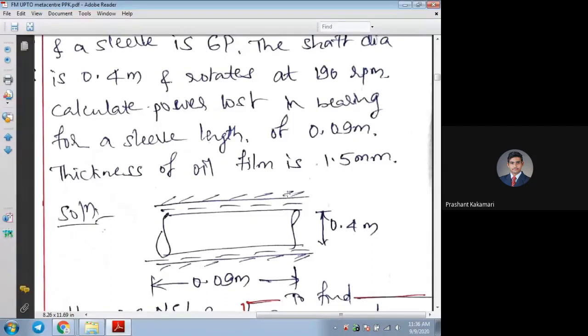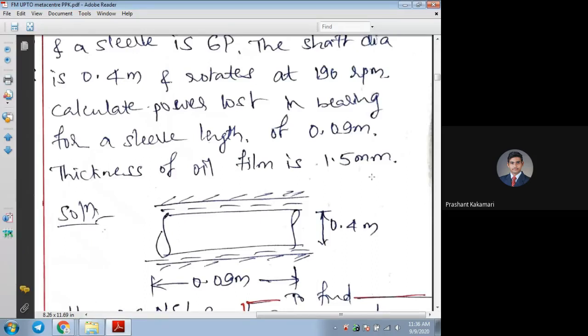Between the shaft and sleeve, the contact length with the oil is 0.09 meters. The diameter of the shaft is 0.4 meters, and the thickness of the oil film is around 1.5 mm.